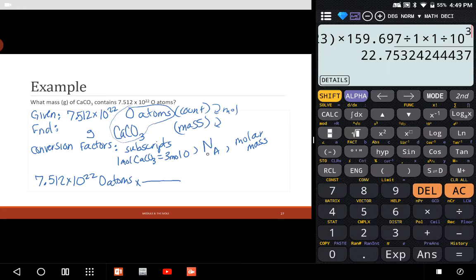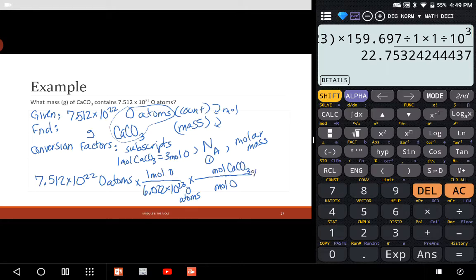And so I'm going to use Avogadro's number first, and so I'll get into moles of O. I'll cancel out my 6.022 times 10 to the 23rd power counts of oxygen atoms and just get into moles of oxygen atoms. Then I will use my subscripts in the chemical formula to cancel out my moles of O and end up with moles of the whole compound.